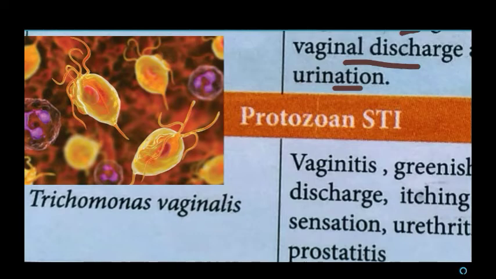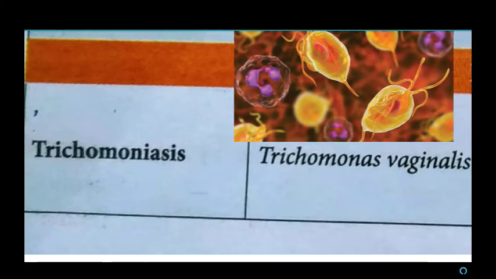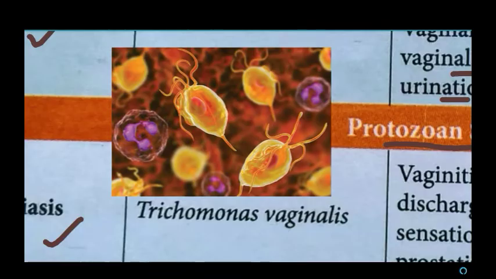So next we are going to see about protozoan STI. So under protozoan STI we are going to learn about trichomoniasis. The causative agent for trichomoniasis is Trichomonas vaginalis.